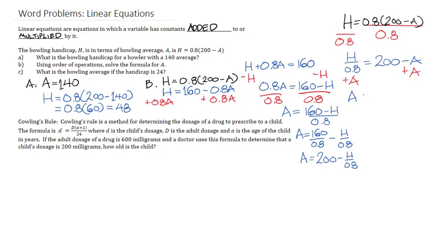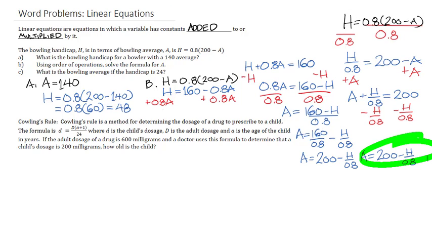We would get that a plus h over 0.8 would equal 200. And then, if we're trying to get a by itself, we just subtract that fraction that has h in it, and we get, once again, a equals 200 minus h over 0.8. Either way, we get the exact same solution. You should be able to see that that and that are identical.